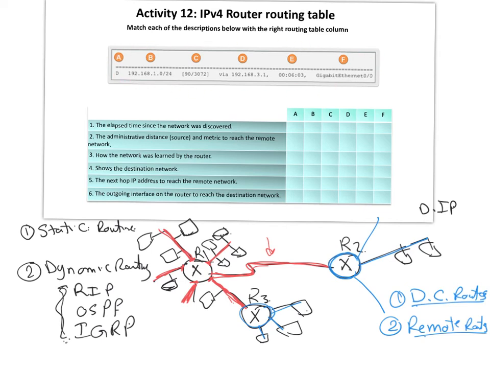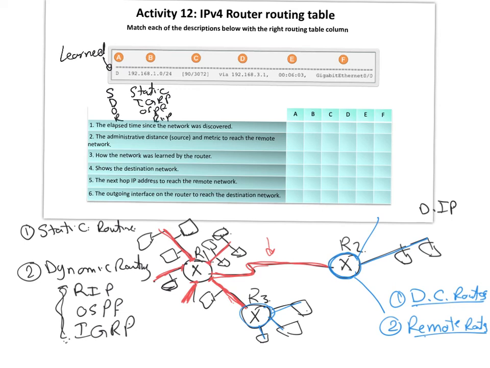So the router routing table looks somewhat different from host routing and from IP version 6 host routing tables. So this column A indicates how the route has been learned. Okay, whether it's S for static, D for let's say IGRP, O for OSPF, or R for RIP, and so on.